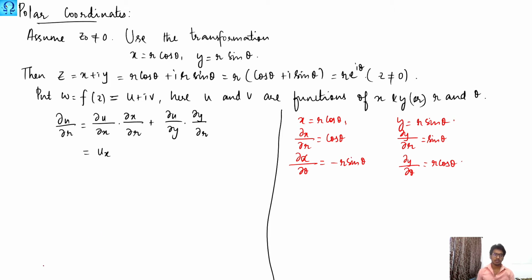Now we shall substitute these values into this. So del x upon del r is going to be cosine theta, and del y upon del r is sine theta.